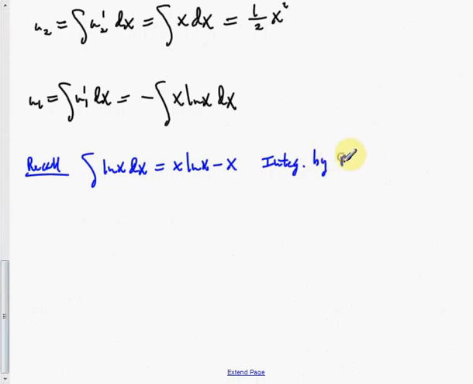So integration by parts. But that still doesn't help us because this is the integral of x times the natural log of x. So I use the tabular method. X, 1, 0, positive, negative, positive. And then here, this is the natural log of x, and its integral is x natural log of x minus x.